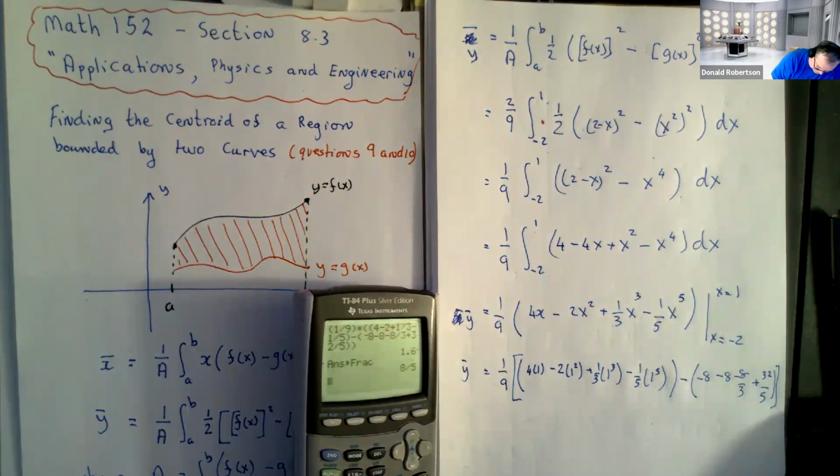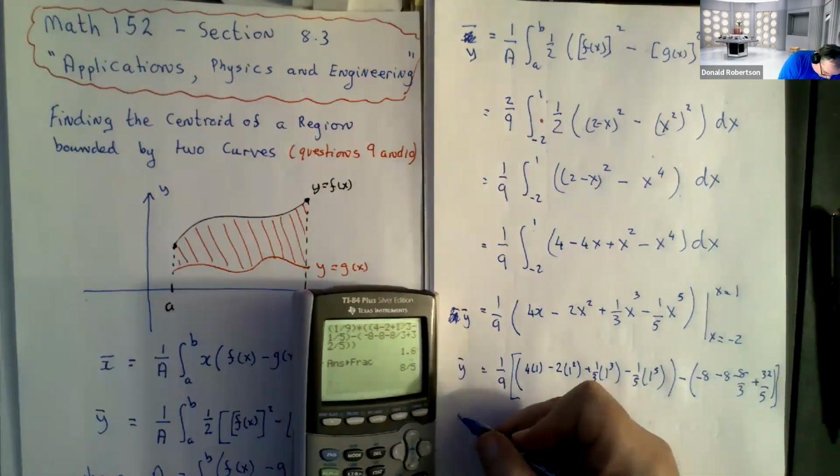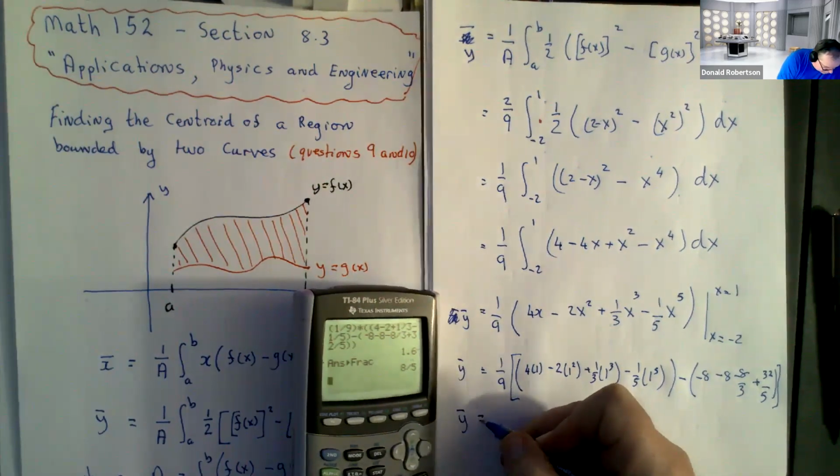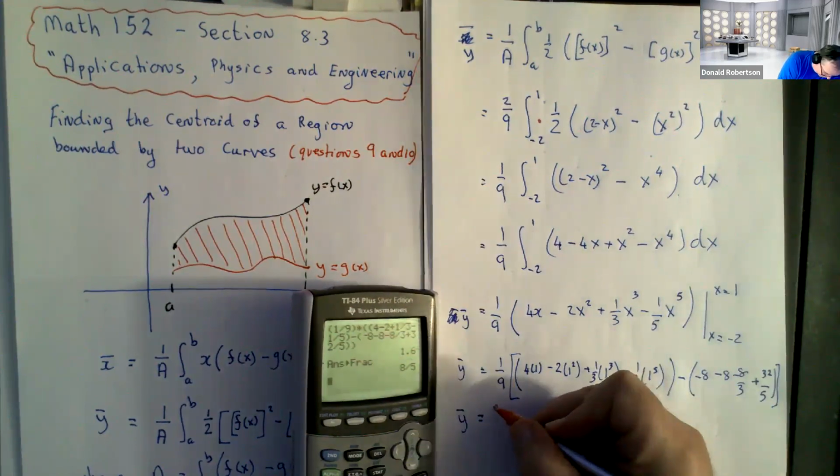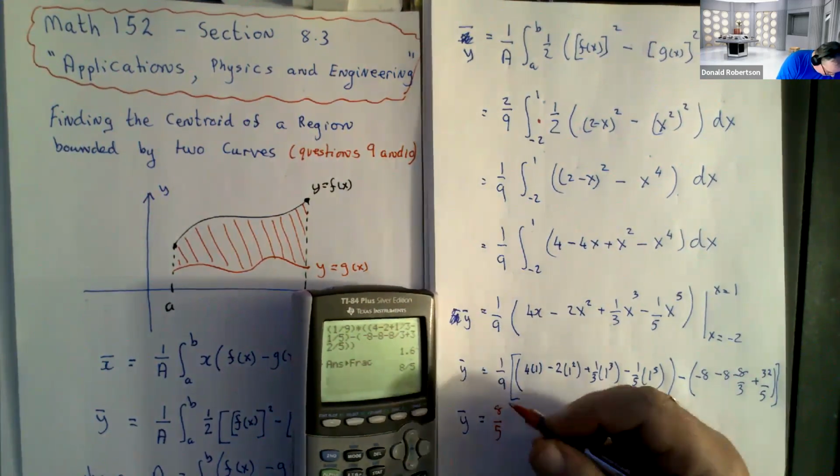And the answer is 8/5. So y bar is equal to 8/5.